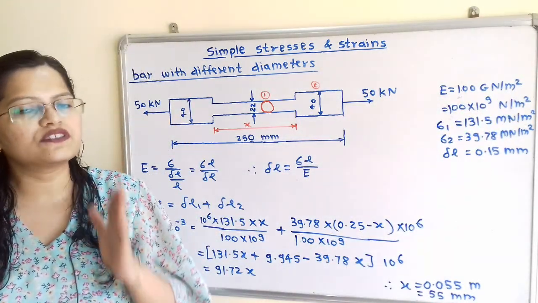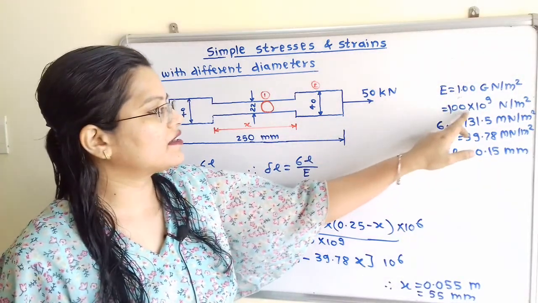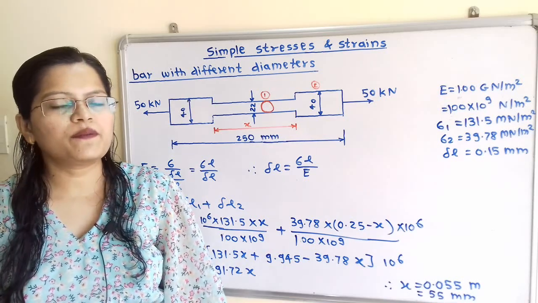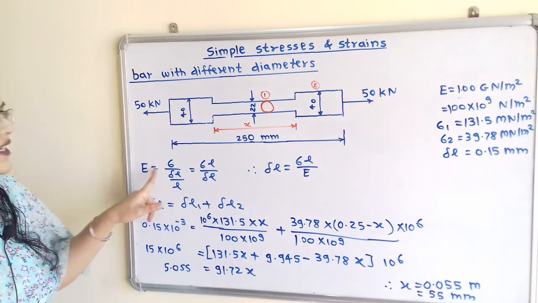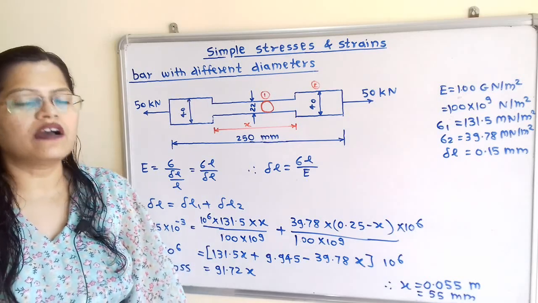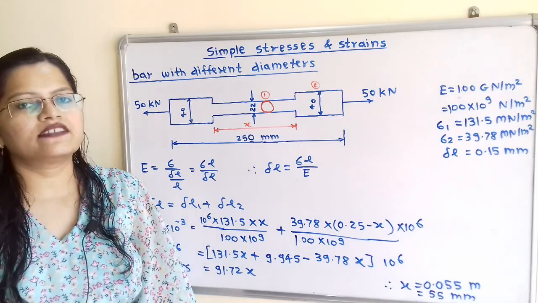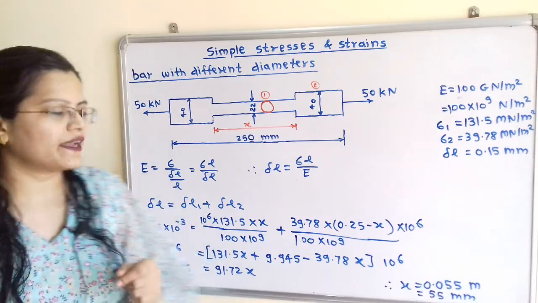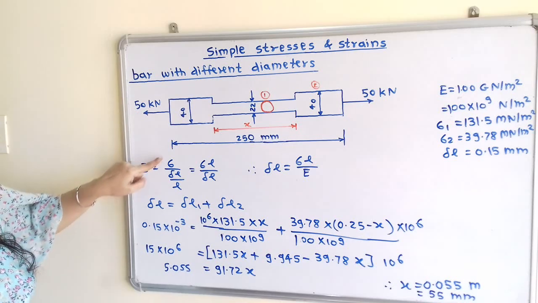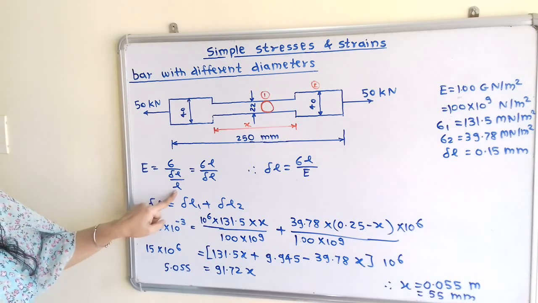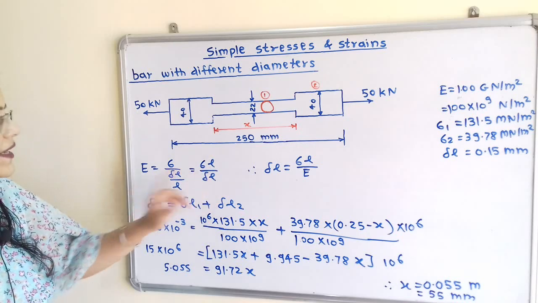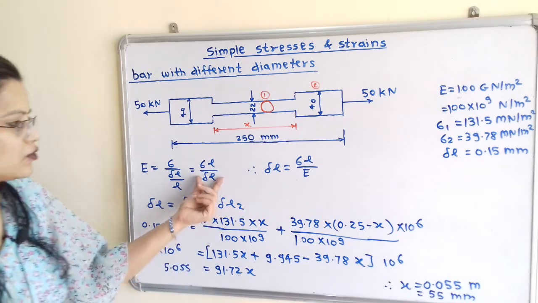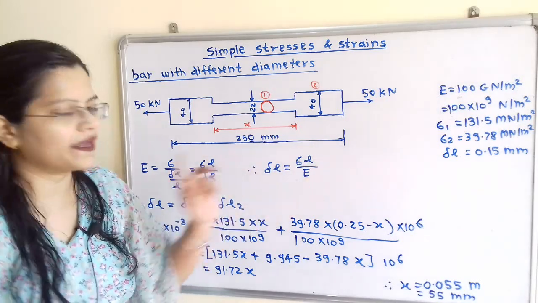The standard unit is Newton per meter square, so we write 100 into 10 raised to 9 Newton per meter square. E is stress by strain, and strain is change in length by original length, delta L by L. So E is equal to sigma divided by delta L by L, which simplifies to sigma L by delta L. So delta L is equal to sigma L by E.